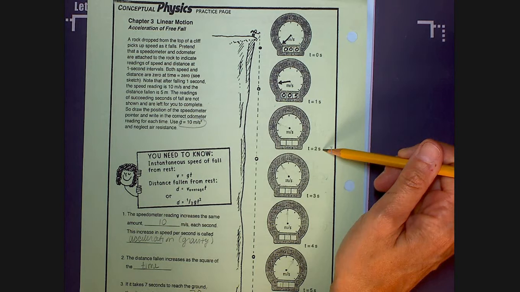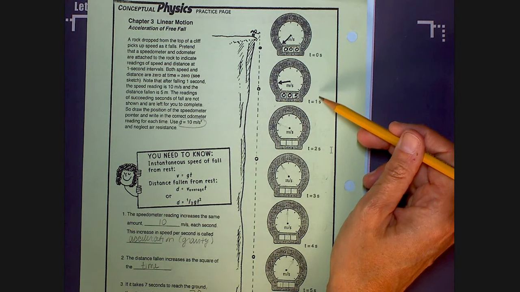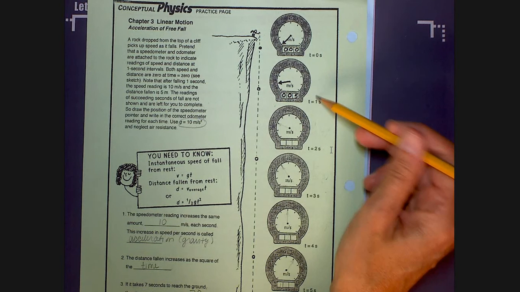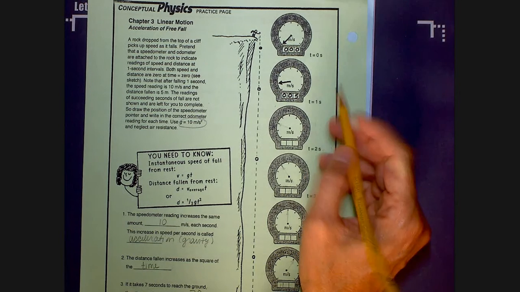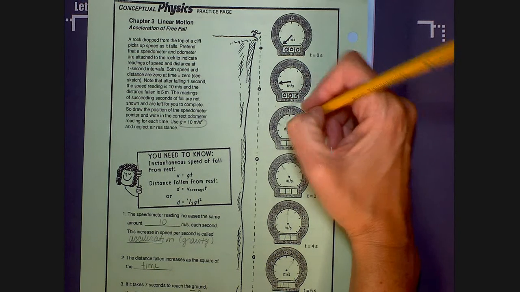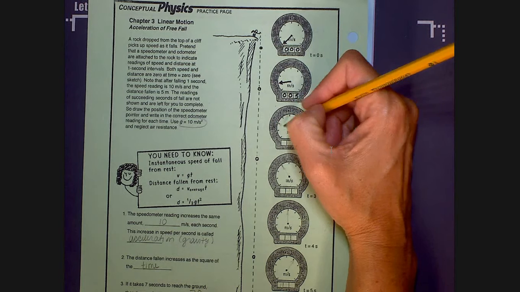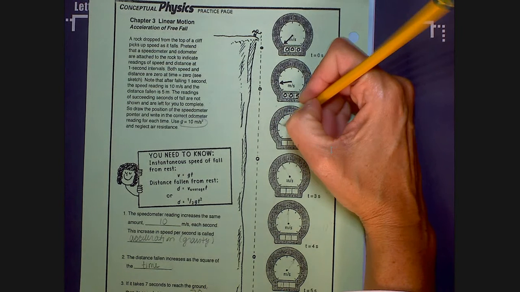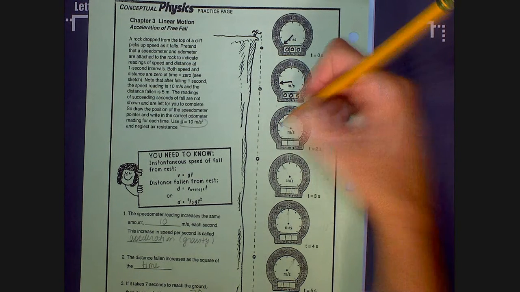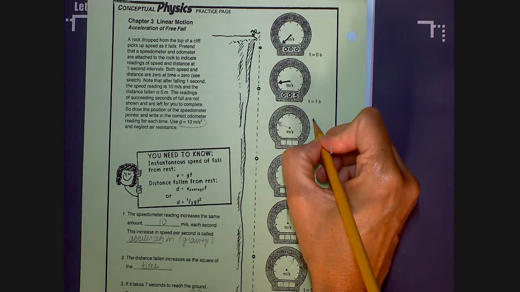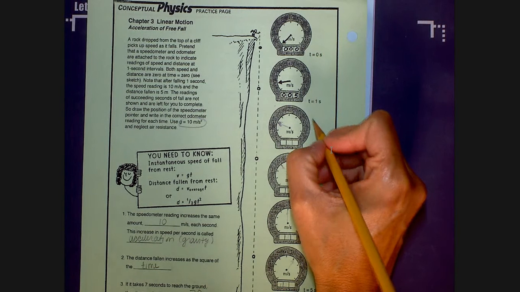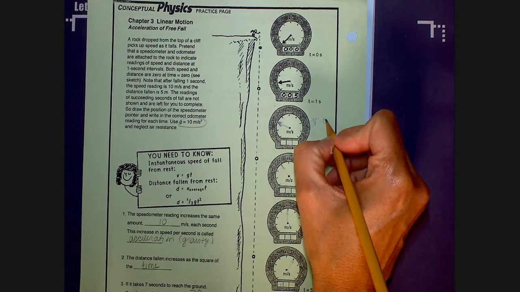We increase again, picking up another 10 meters per second. So we do a plus 10 here. And now the next notch is going to be 20 meters per second.